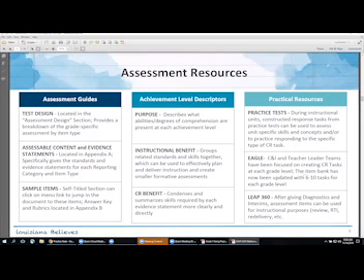I know personally that the item bank is now updated to include at least 6 new tasks and at most 10. And as of this past week, it may even be 12 new tasks for each grade level.